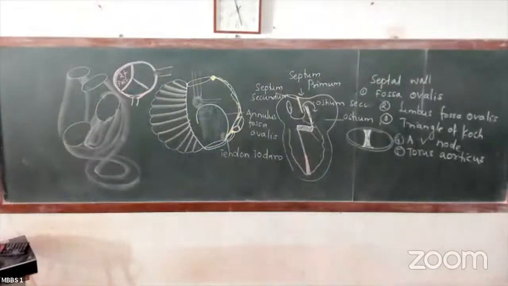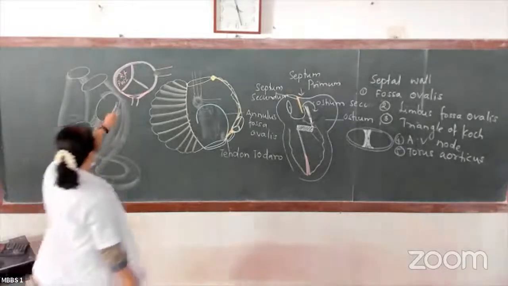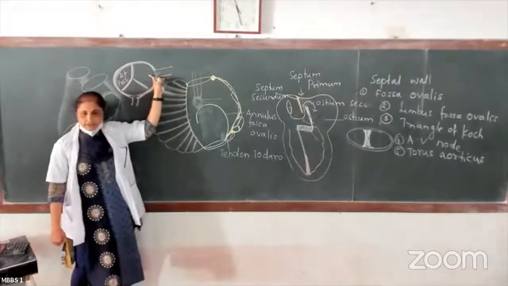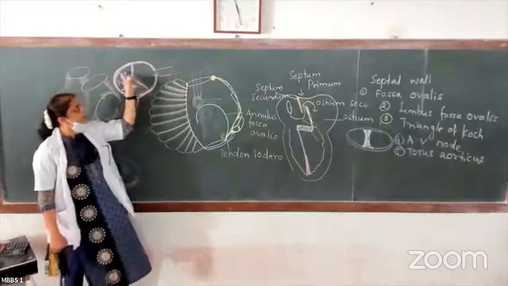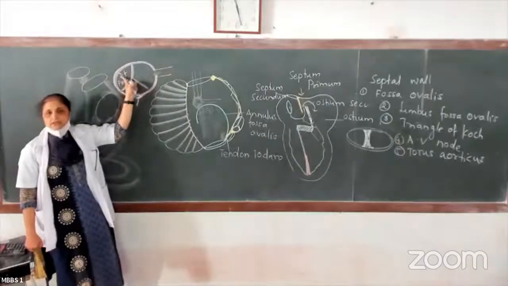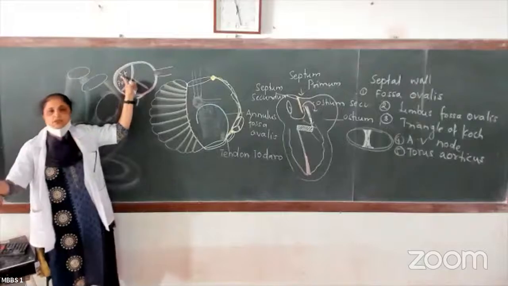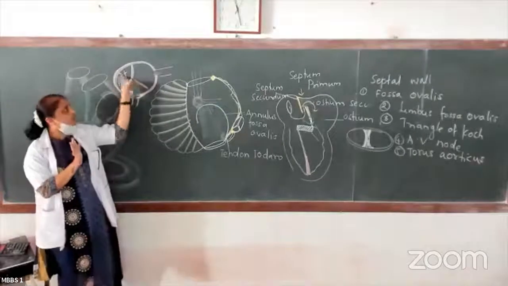Actually, the right posterior aortic sinus is not giving origin to any vessel, so it is called a non-coronary sinus. The anterior aortic sinus gives rise to the right coronary, the left posterior aortic sinus gives rise to the left coronary, while the right posterior aortic sinus is called the non-coronary sinus because no coronary artery takes origin from the ascending aorta at this sinus.